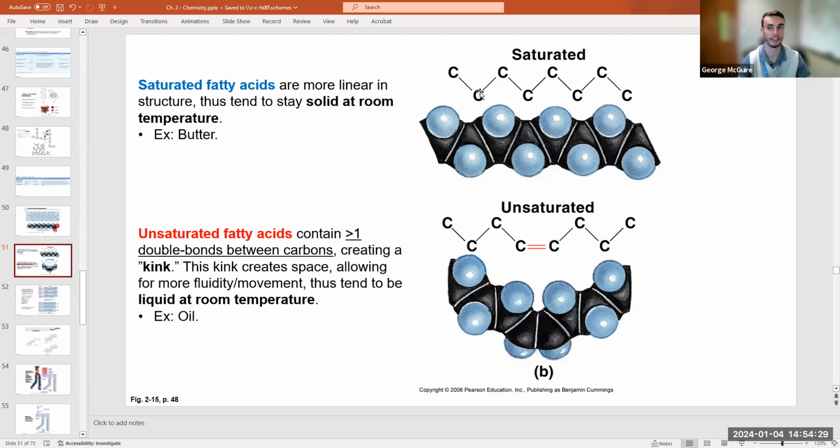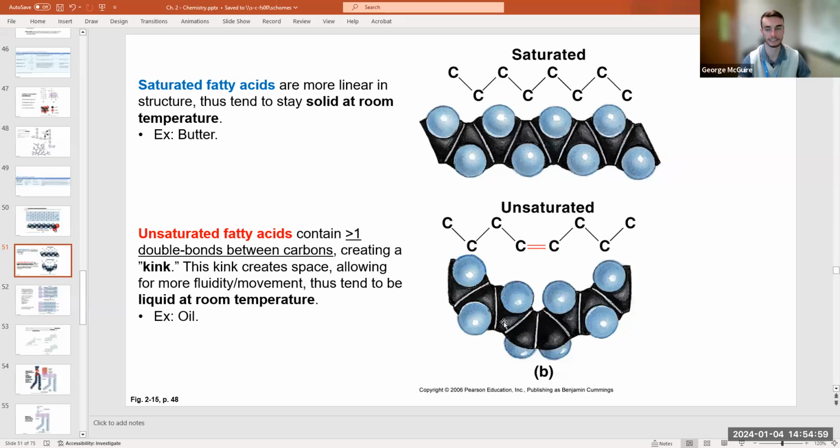Saturated is fully linear, only single bonds between each carbon. Unsaturated fatty acids have at least 1 double bond. And that double bond creates what we refer to as a kink, which is this fold you see shown in the 3-dimensional diagram. So a saturated fatty acid is completely linear almost. An unsaturated fatty acid with this double bond is going to create a bend or a kink.